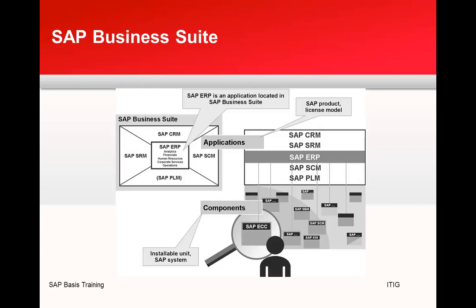Apart from this, there are products like SAP HANA, which has just come in, and things like Business Objects. You have SAP Sybase, which SAP just bought basically for mobility. So these are the key SAP business products.